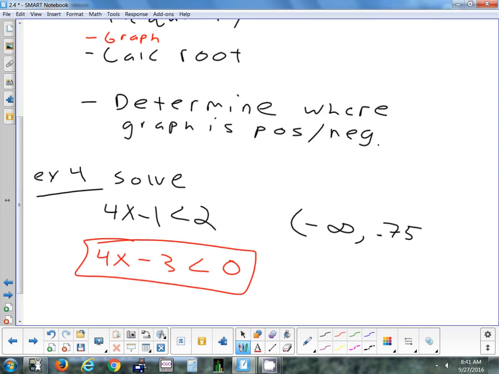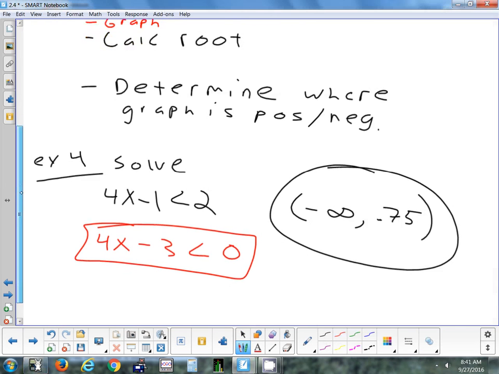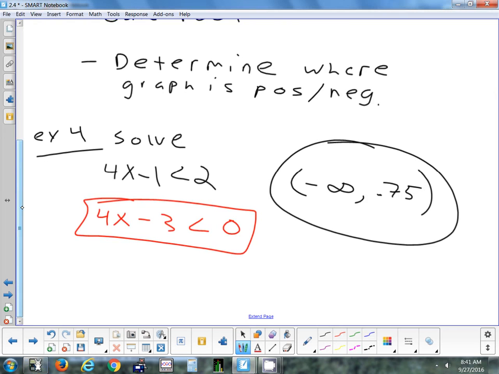Are we including 0.75 or not including it? Parenthesis, we are not including it. Okay, any questions on what I did there?